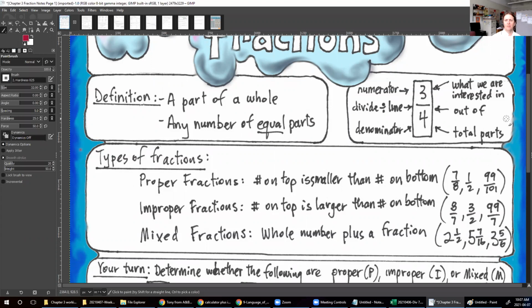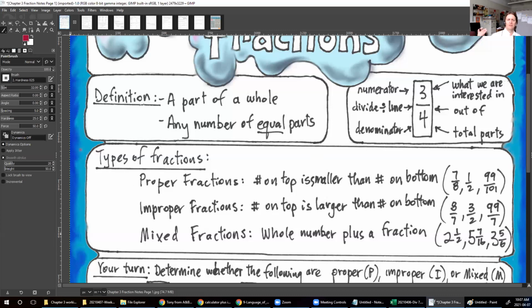A little bit of nomenclature, or how we name these things. The top part is the numerator. There's obviously the divide line here. And the bottom part is the denominator. If you weren't able to print out the chapter 3 fractions, that's no problem. You can just follow along and make some notes on the piece of paper that you're working with.